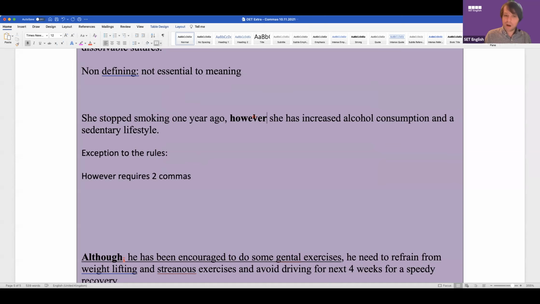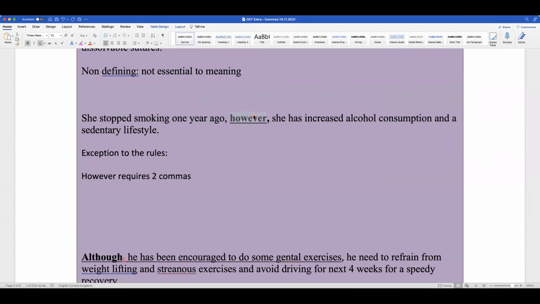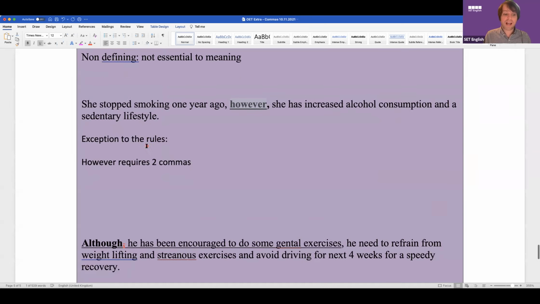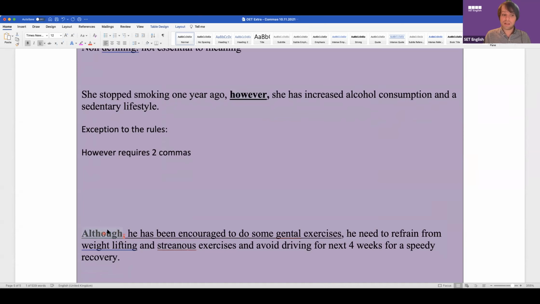Yeah, because, well, firstly, however is a conjunction. It's not a preposition, and it's not like although either, right? It's not the same as that. It's not like if or while or when. It's a conjunction. That's it.